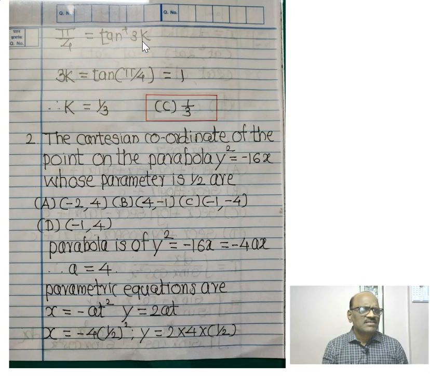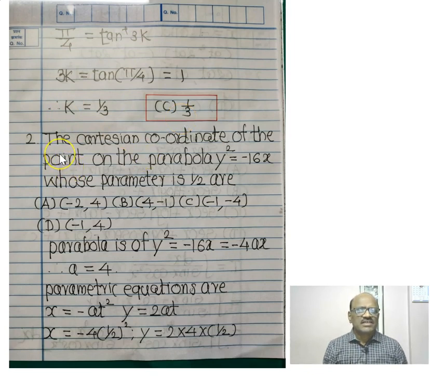Now tan inverse of 3k equals pi by 4 means tan of pi by 4 is equals to 3k. But what is tan of pi by 4? It is 1. Therefore 3k is equals to 1 and hence the value of k is 1 by 3. Hence option C is the correct one.